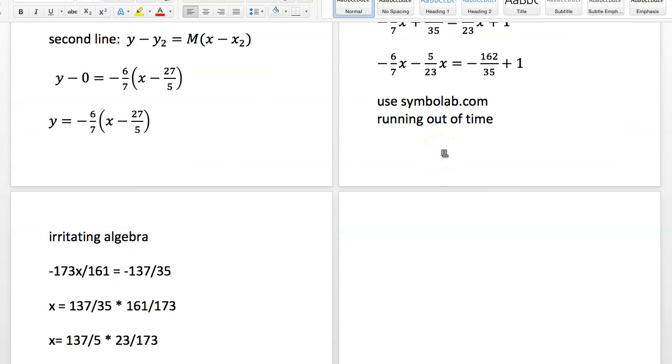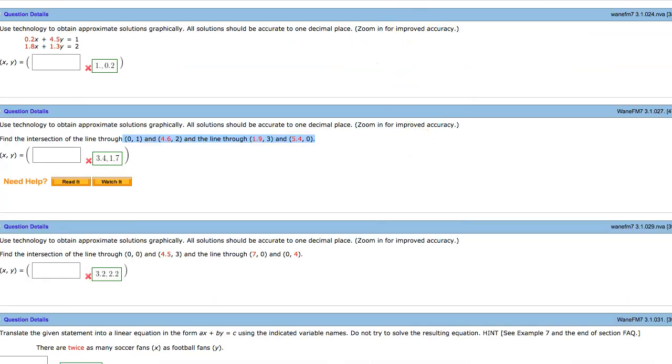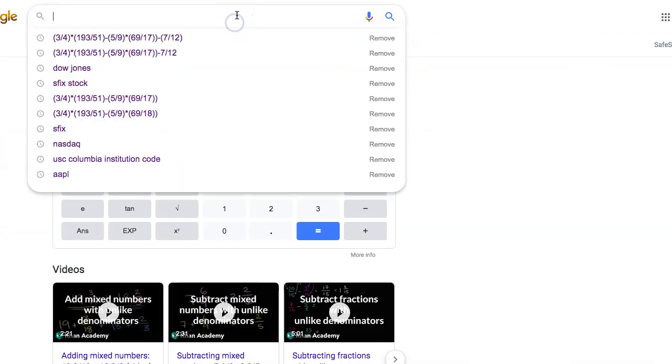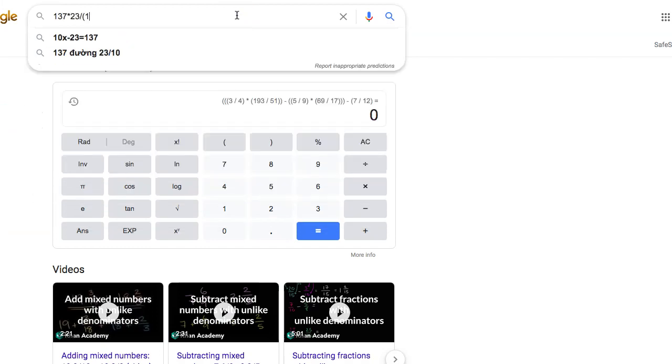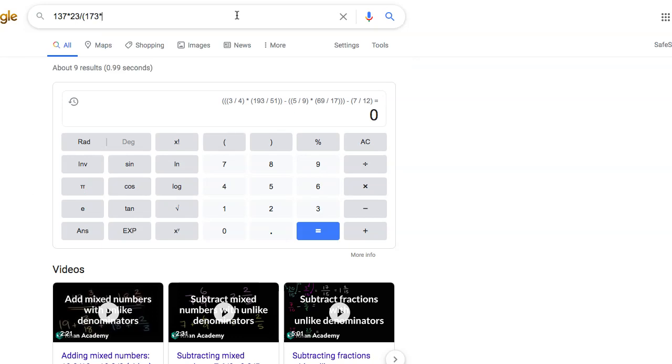It's around 3 point. They got 3.4. I don't see how. 137 and 173, that'd give you about decimal 8. No, I don't know. There's hope. 137 times 23 over 173 times 5.